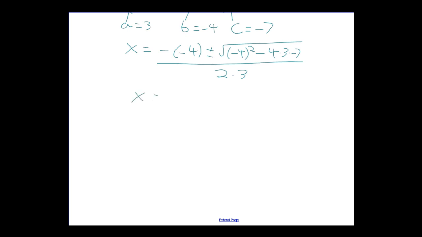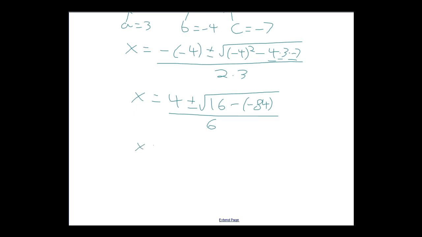So x will be equal to negative 4, which is just positive 4, plus or minus the square root of negative 4 squared, which is 16, minus 4 times 3, which is 12, times negative 7, which gives us negative 84. And all of that divided by 2 times 3, which is 6.